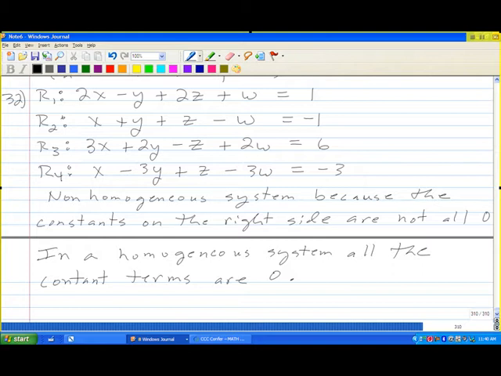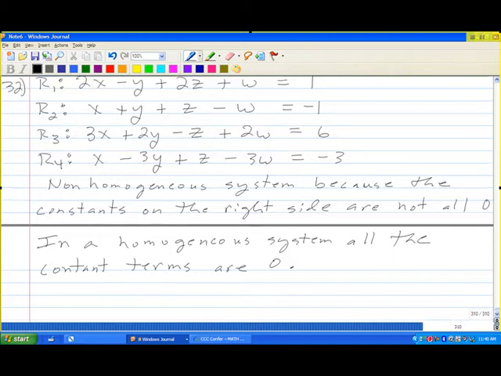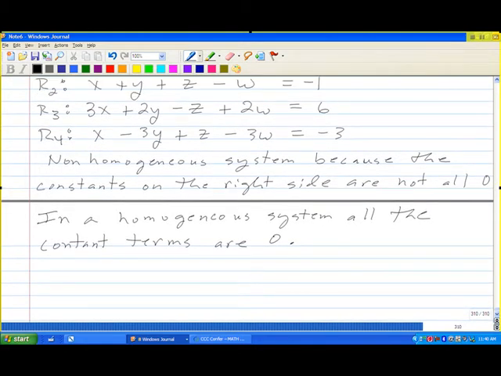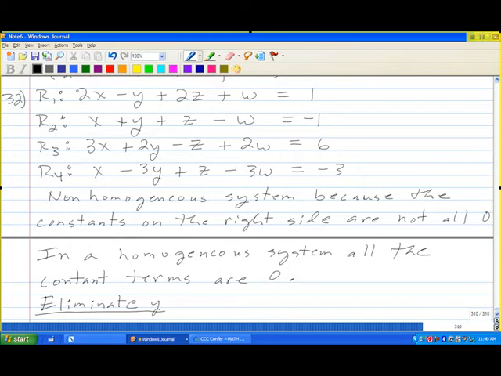You could eliminate w too. Almost all of them you could eliminate. Okay, so to eliminate y, the first thing I'll do is add the first and second equations.